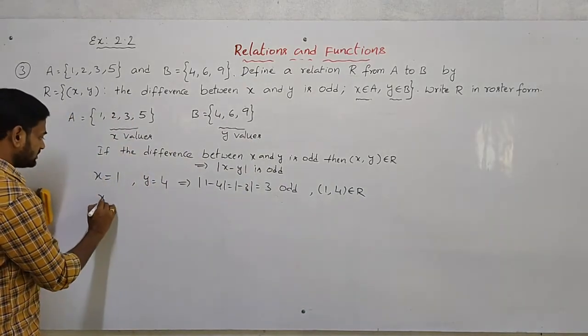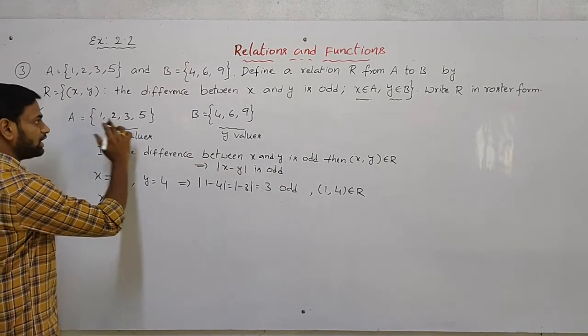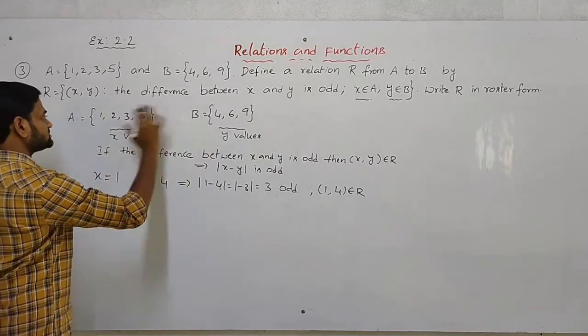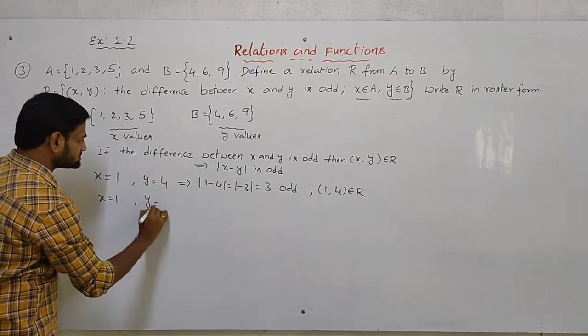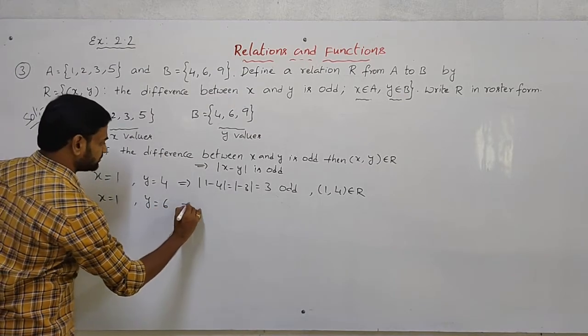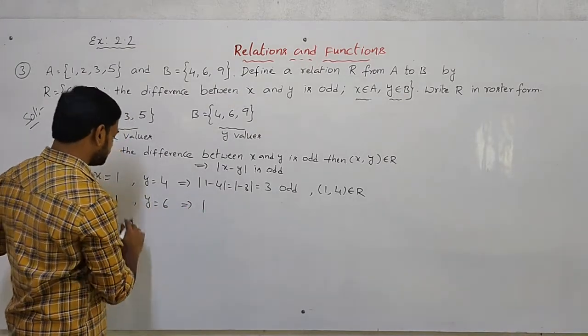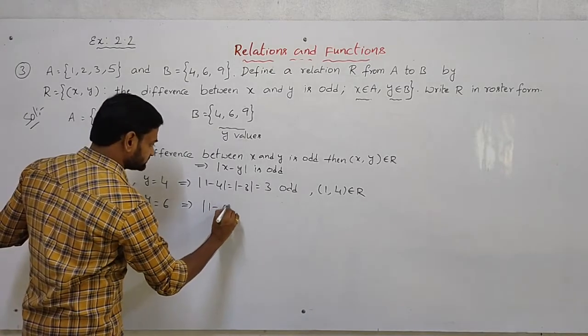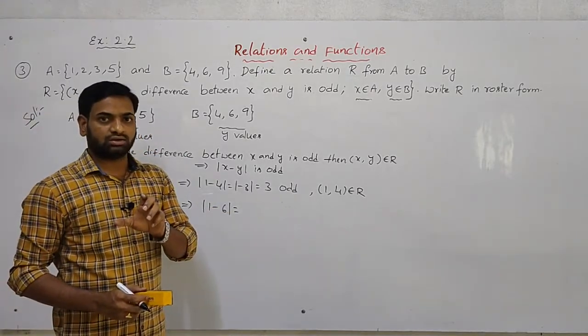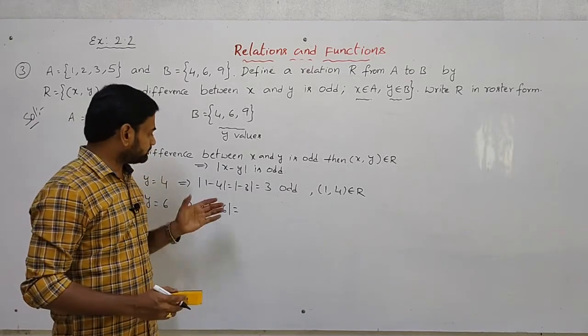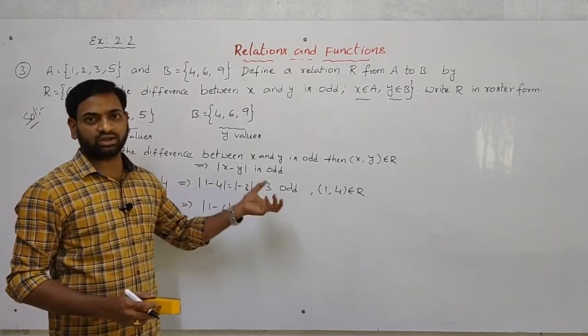Next, x value 1 with all the elements: 1 comma 6, 1 comma 9 like that. X value 1, y value is 6. That implies mod of 1 minus 6. In the mod, if you have negative also, it is going to be positive.